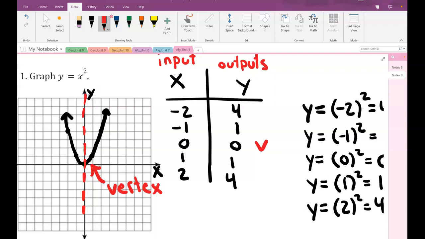So if we were to fold this table in half, it would be symmetrical as well. The numbers for our outputs will always be symmetrical. So I would really only have to figure out what 4 and 1 is. I know this is always going to be 0. Then I know this is going to be 1 and 4 as well. And you'll see that pattern as we go through the next few, so you can convince yourself that this will always work.